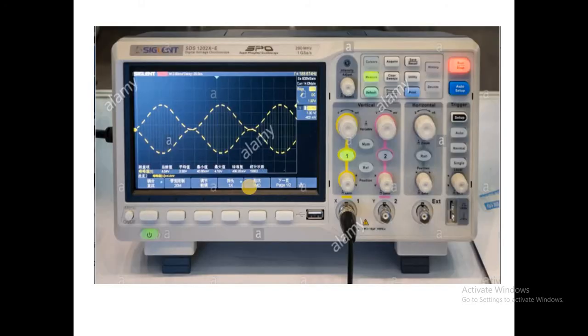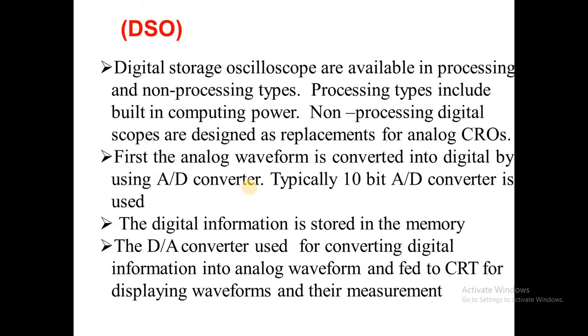Digital storage oscilloscopes are available in 2 types: processing types and non-processing types. Processing types include built-in computing power, and non-processing types are designed as replacements for the analog CROs.